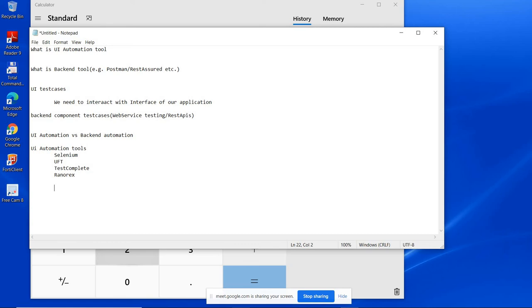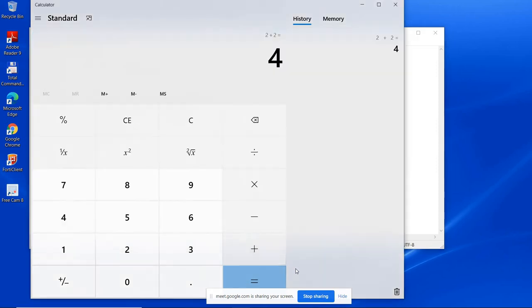So UI automation tools are these. Now, how do they work? When we run any UI test manually, we interact with different UI controls. So first, as a human, we understand which control we want to interact with.